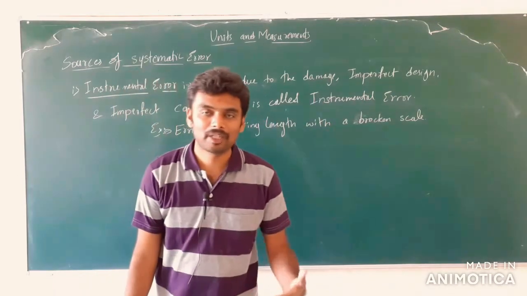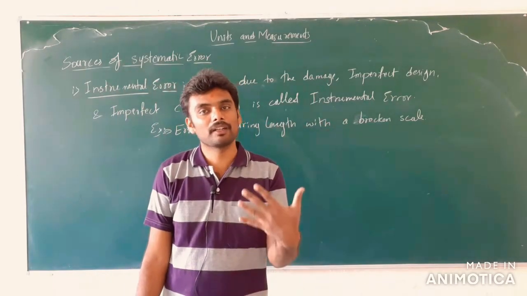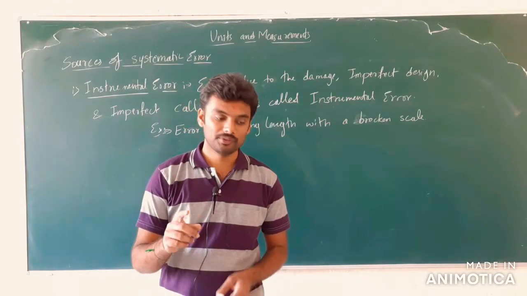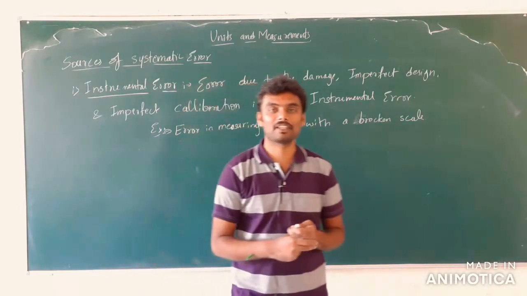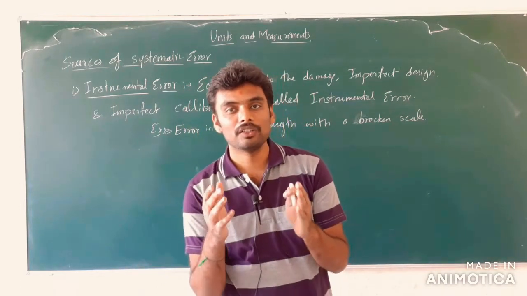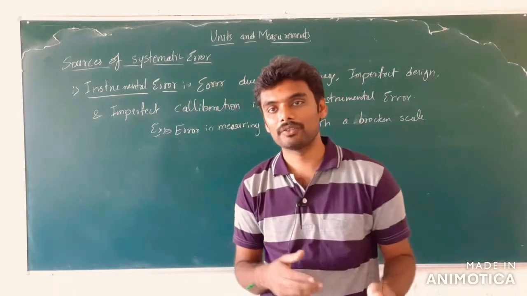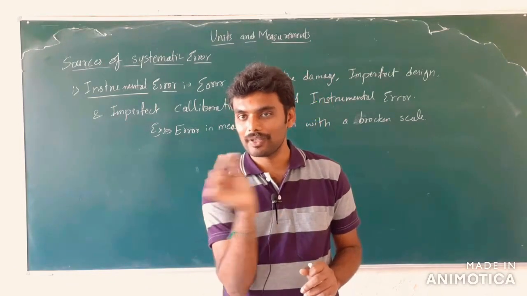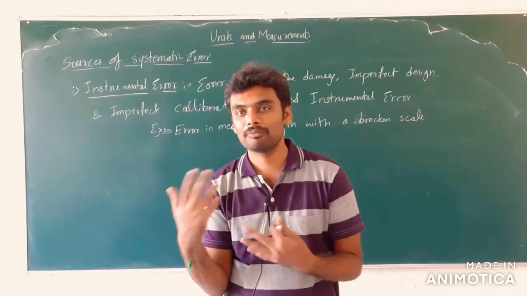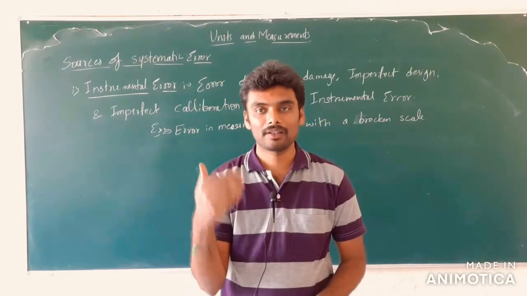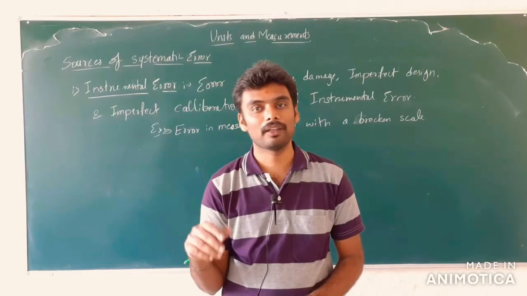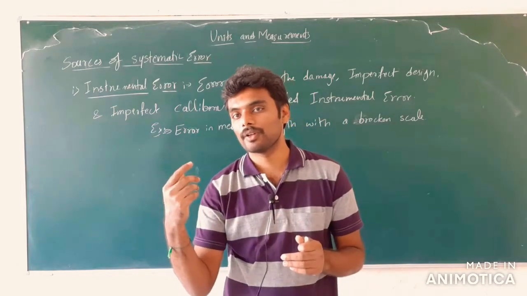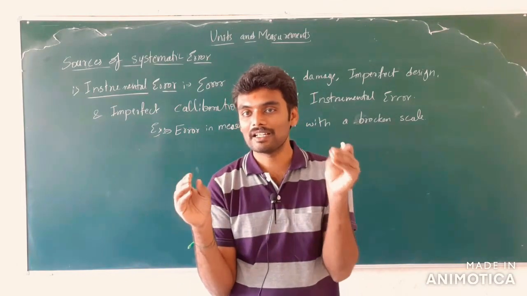Sometimes the scale might be well calibrated, well designed, and have no damage in it. Even then, you might be very familiar with this kind of example. When you take a new scale, the plastic scale, the transparent one that you see, the regular 15 centimeter scale, when the scale is new, you can see the readings very well on it, right? But as time passes, the readings on the scale start to go away, right? Due to the scratches and all, it wears off. So now after a certain time, the readings won't be that clear.